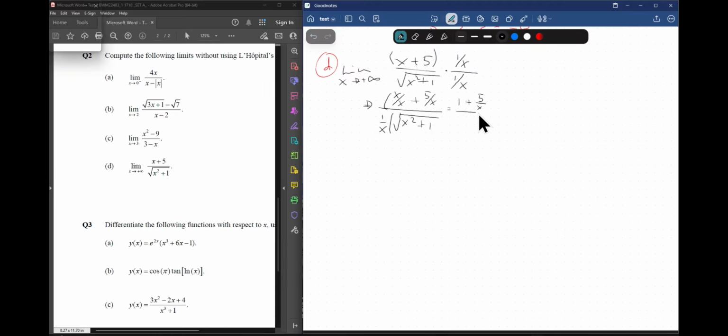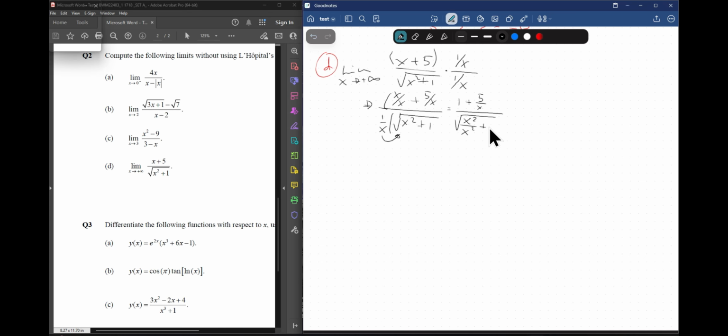5 over x, all over, and we want to bring the 1 over x inside the square root sign, so it becomes 1 over x squared. We have x squared times 1 over x squared. So if 1 over x squared comes out of the square root, that becomes 1 over x.